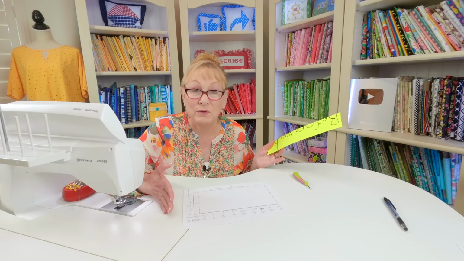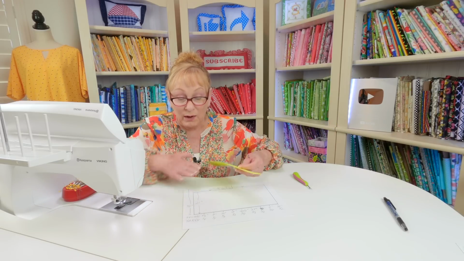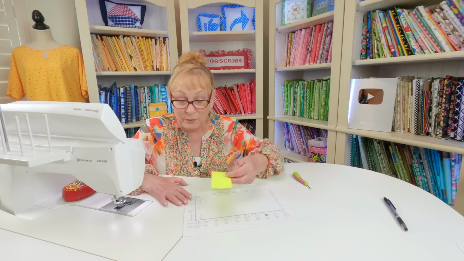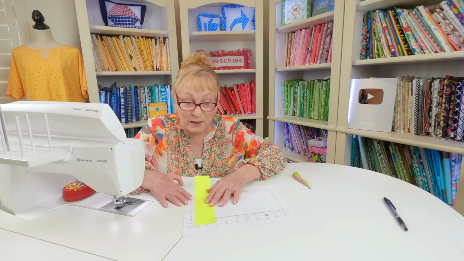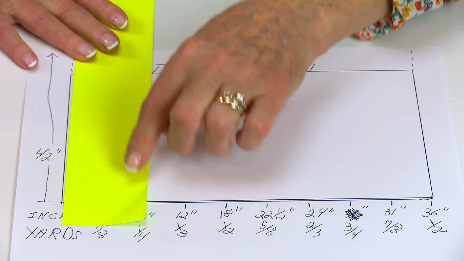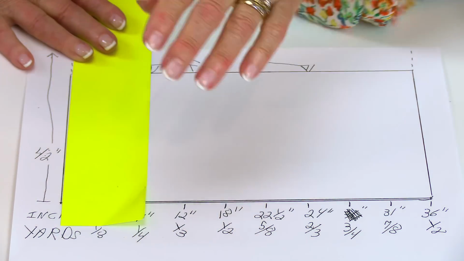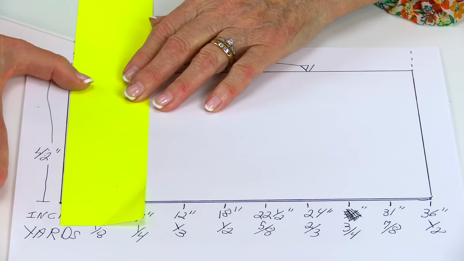Other fabrics like your drapery fabrics, upholstery fabrics, can be 50 and 60 inches wide. So let's say you want to cut a piece of fabric that's going to be maybe 9, 10 inches wide. So you would lay it here and go, oh okay, I only need about a quarter of a yard or a little over a quarter of a yard.